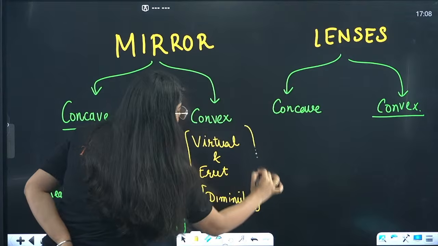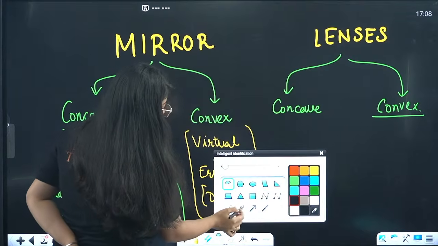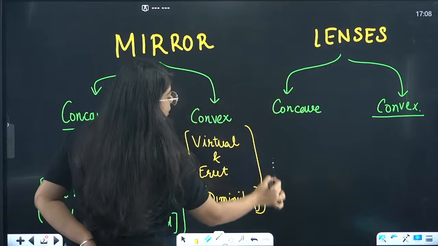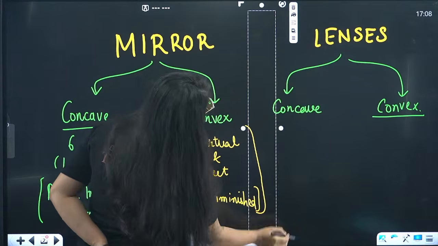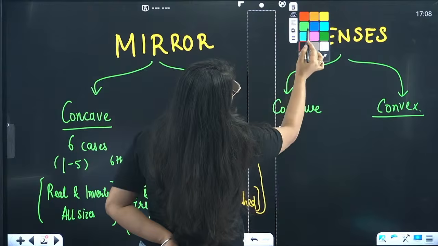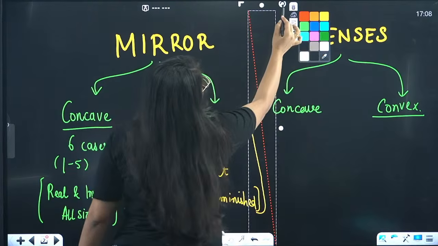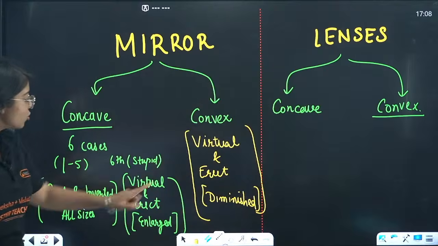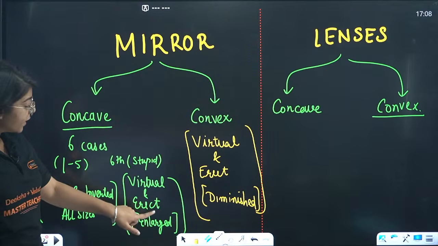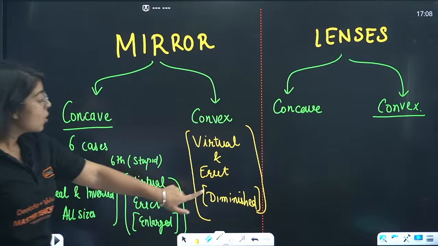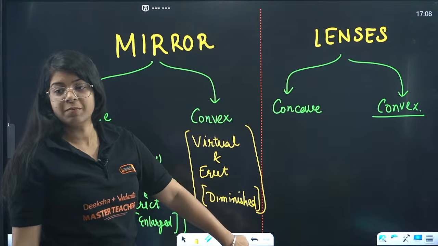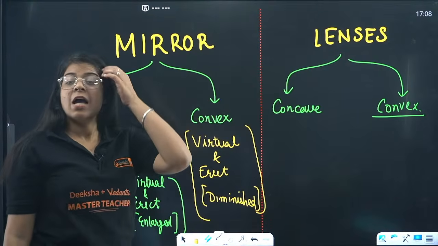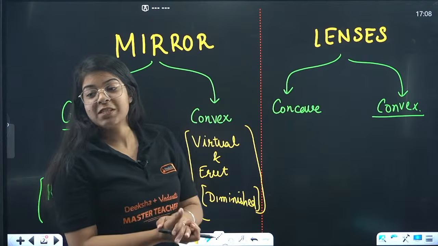That's the difference between concave mirror and convex mirror, because both of these form virtual and erect images, but concave forms an enlarged image and convex forms a diminished image. Okay beta? Concave mirror negative, convex mirror positive.